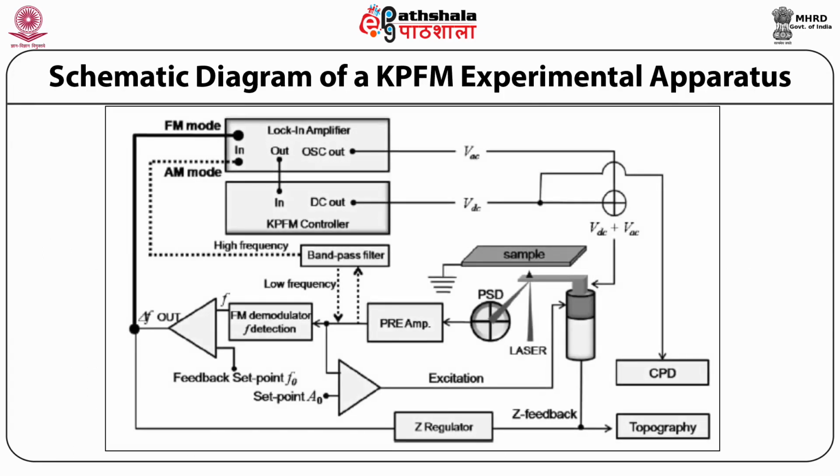This slide gives the flow chart diagram of Kelvin probe force microscopy. It indicates very clearly the way this particular force microscopy works, and this schematic diagram of the KPFM experimental apparatus has been very clearly given in this slide.